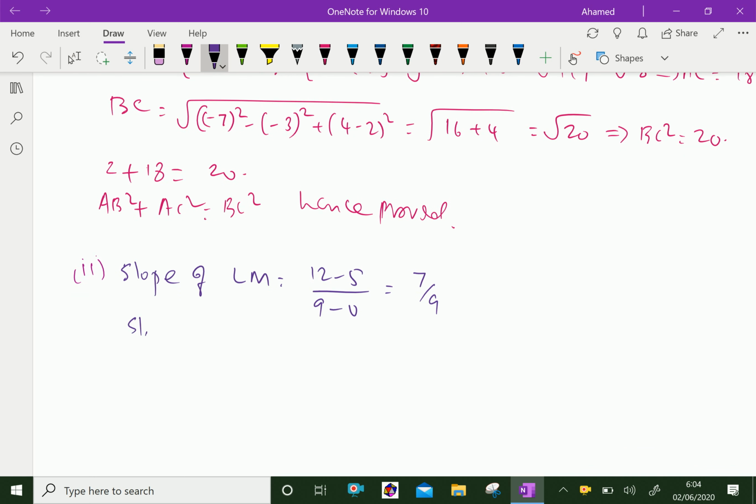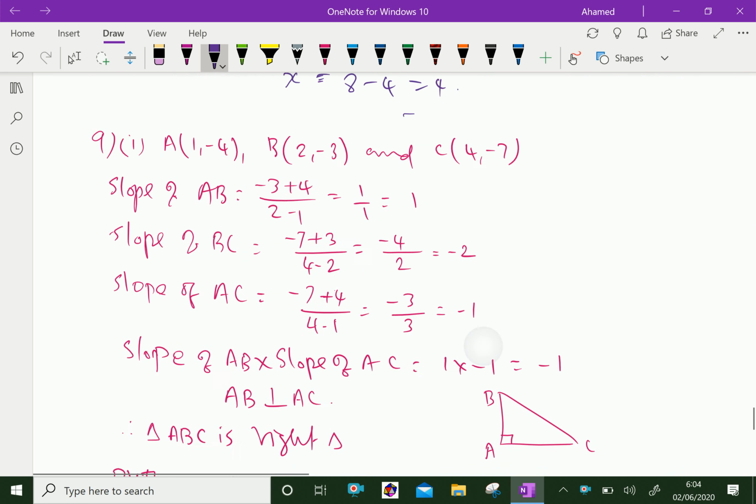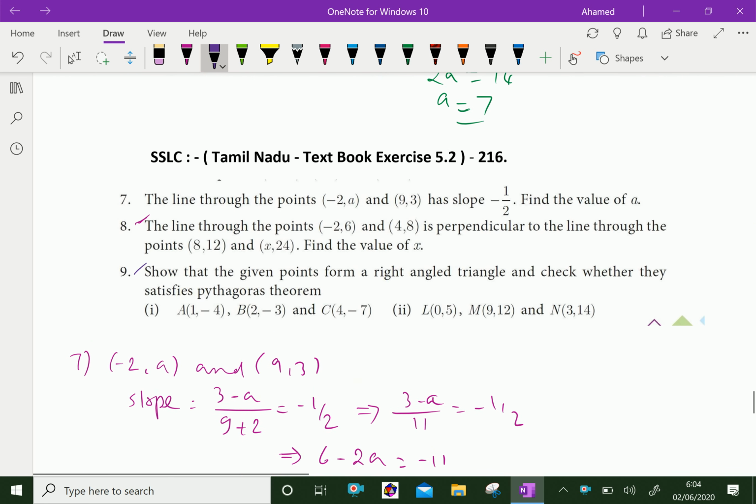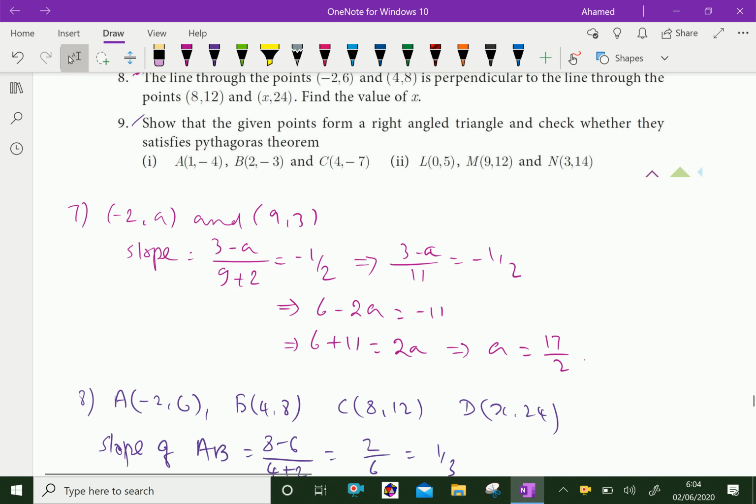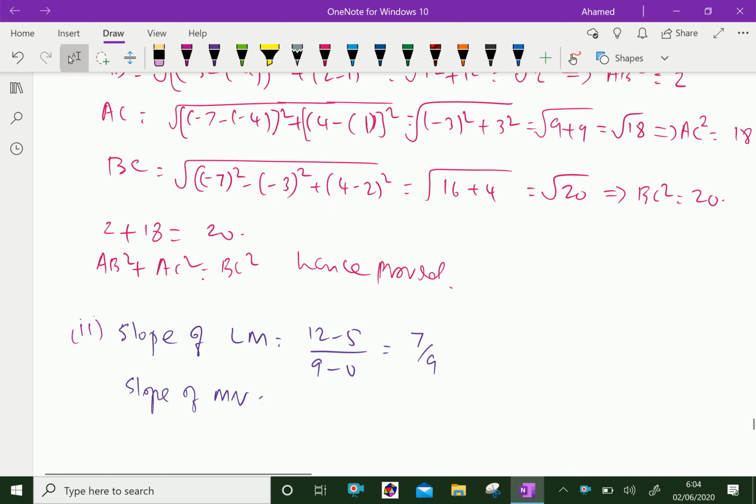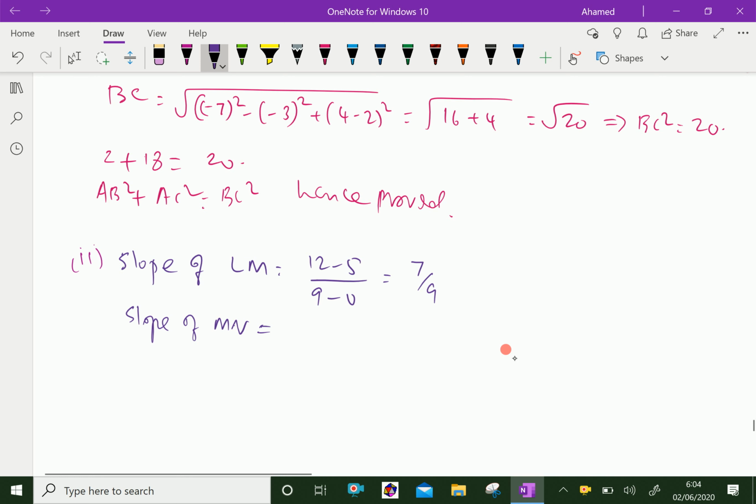Slope of MN equal, look here, MN means 14 minus 12 over 3 minus 9, which gives 2 over minus 6, which is equal minus 1 over 3.